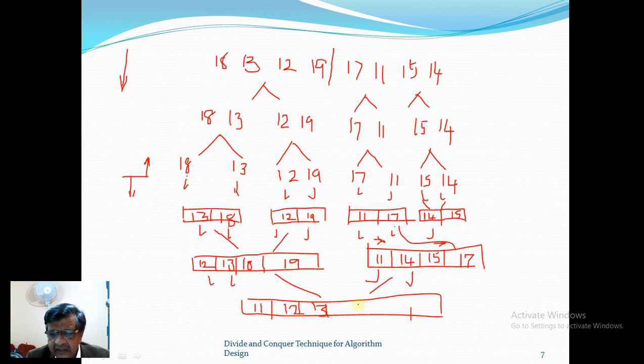This is 18, this is 14 will come over here, then comes 15 like this, okay, and then 17. After 17 is placed over here, no element remains over here, therefore this portion of the array is exhausted, and whatever remains over here will just be transferred to these empty places, 18 and 19.